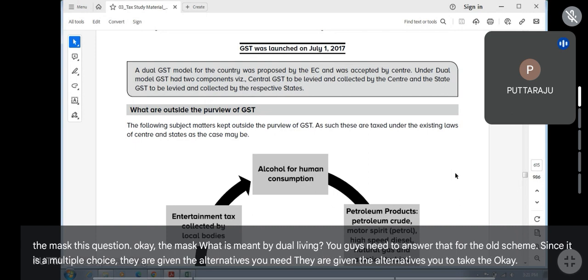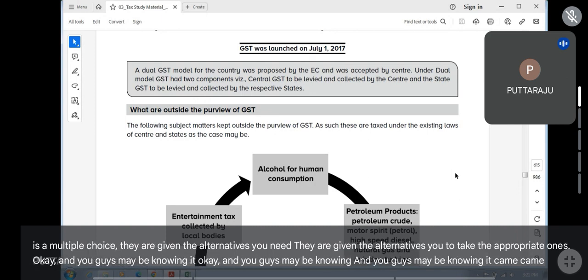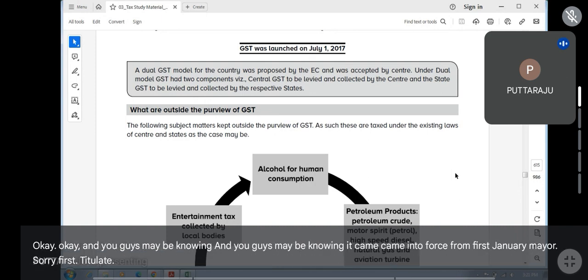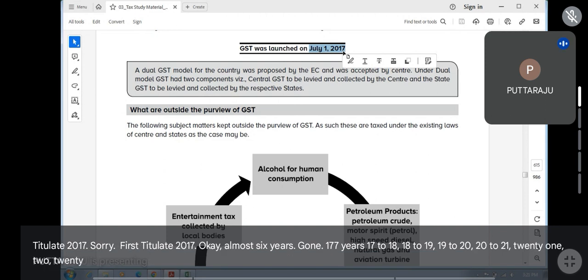And you guys may know it from 1st July 2017. Almost 6 years gone. 7 years: 17 to 18, 18 to 19, 19 to 20, 20 to 21, 21 to 22, 22 to 23. 6 years gone.